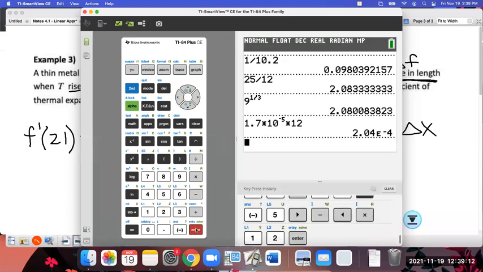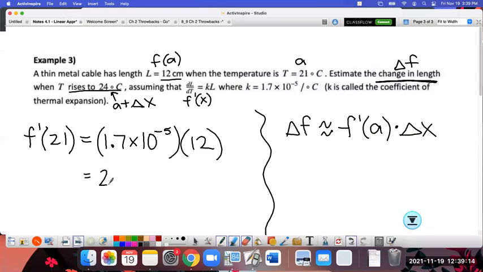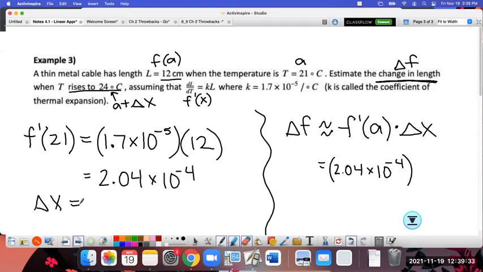So 2.04 times 10 to the negative fourth. And our delta x, well, I could take my a plus delta x and then subtract a.